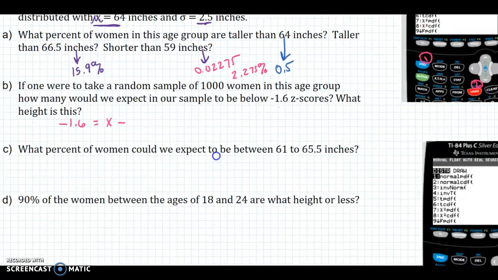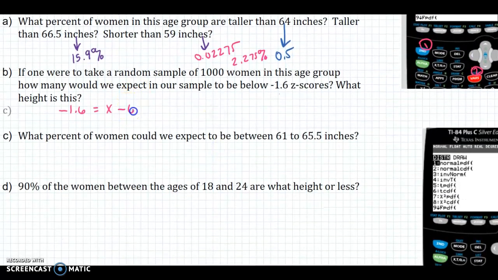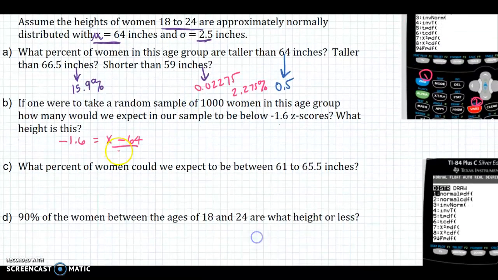and I know that my mean is 64, and I know my standard deviation is 2.5, I can work backwards to figure out what number this should be.